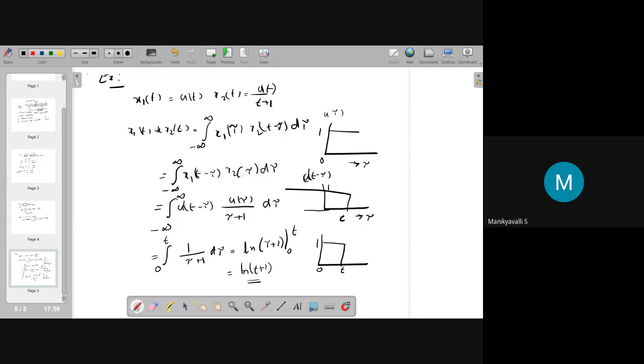Now suppose we go to system response, it is very similar to the convolution integral.